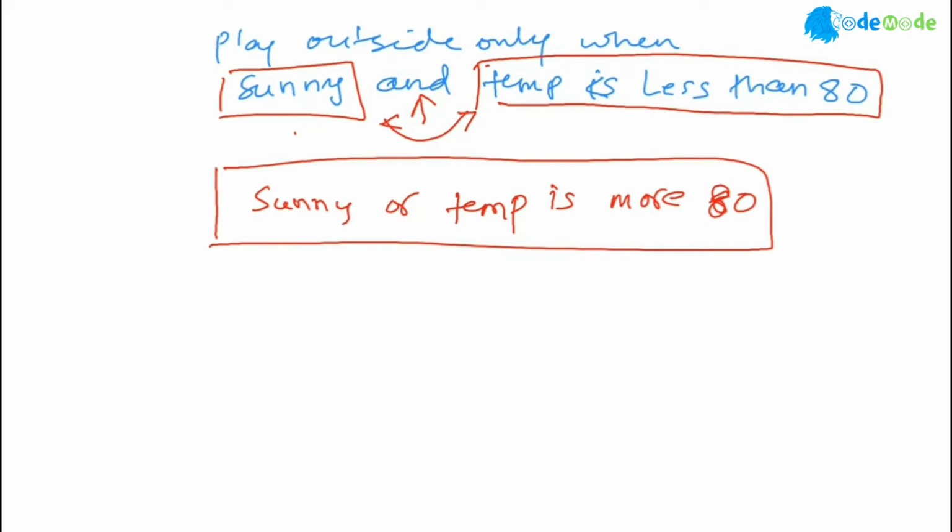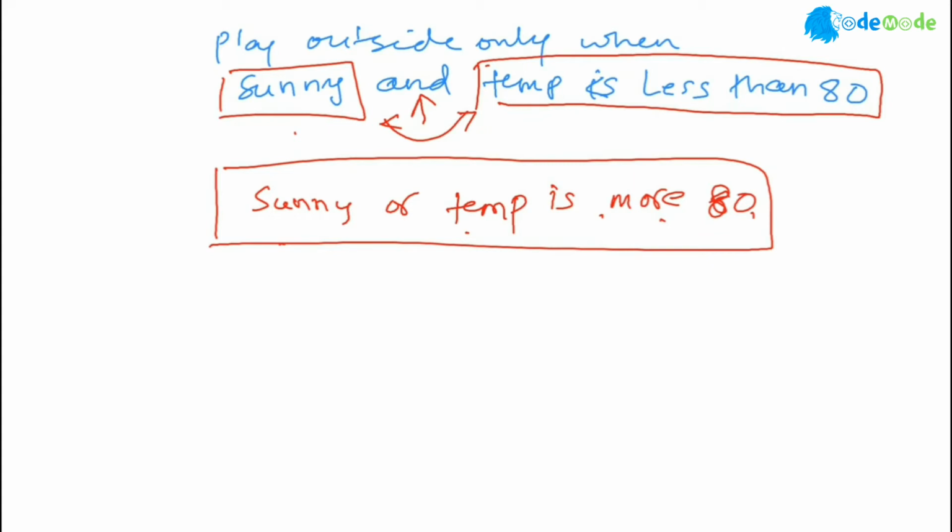If the temperature is 70 degrees, will you play? If it's 70 degrees? Yeah. Then yes. You can play outside if it is sunny or temperature is more than 80, but temperature is 70. Yes or no? Will you play outside or not? Oh, because it doesn't say anything about being sunny, so no.